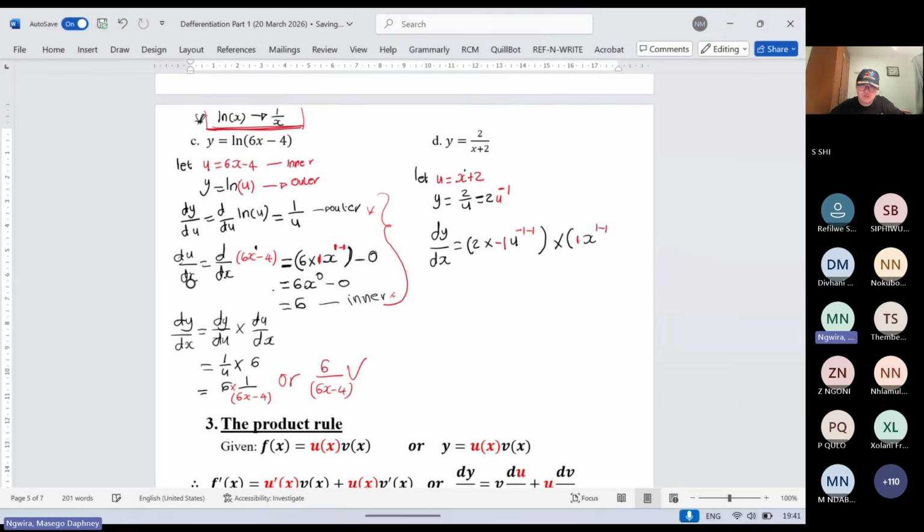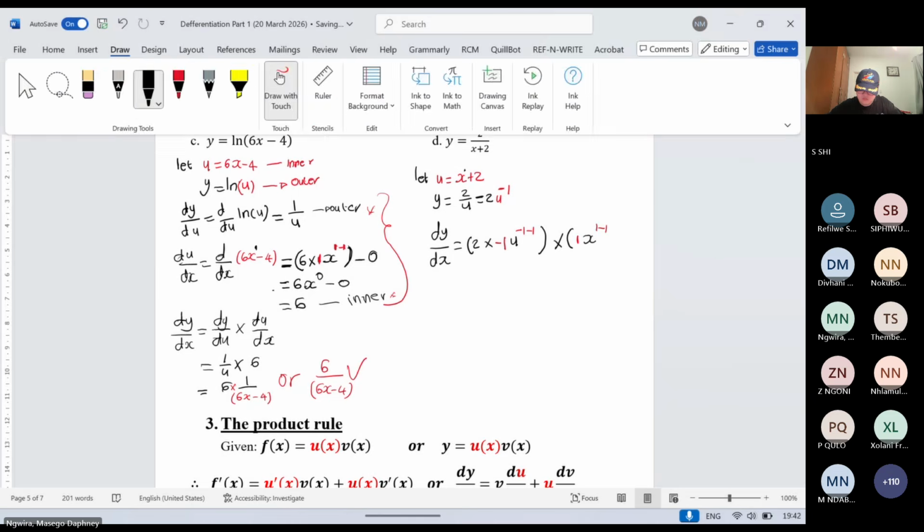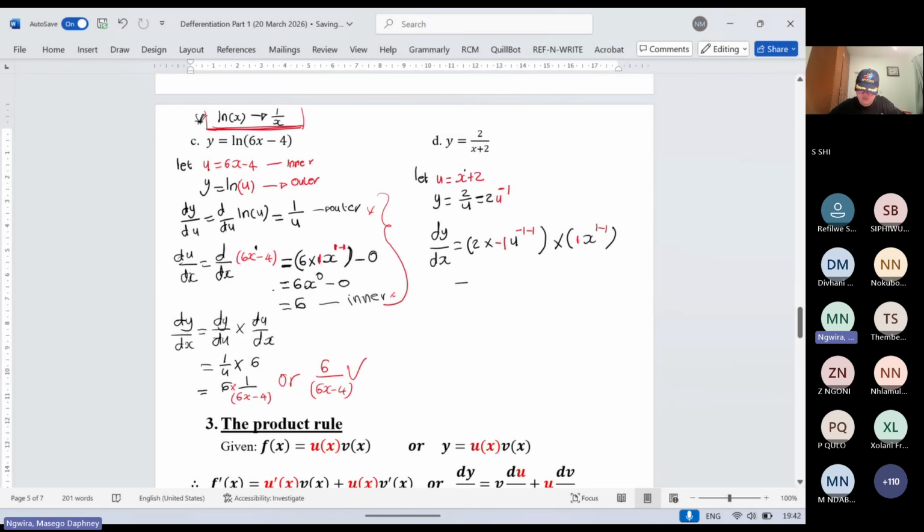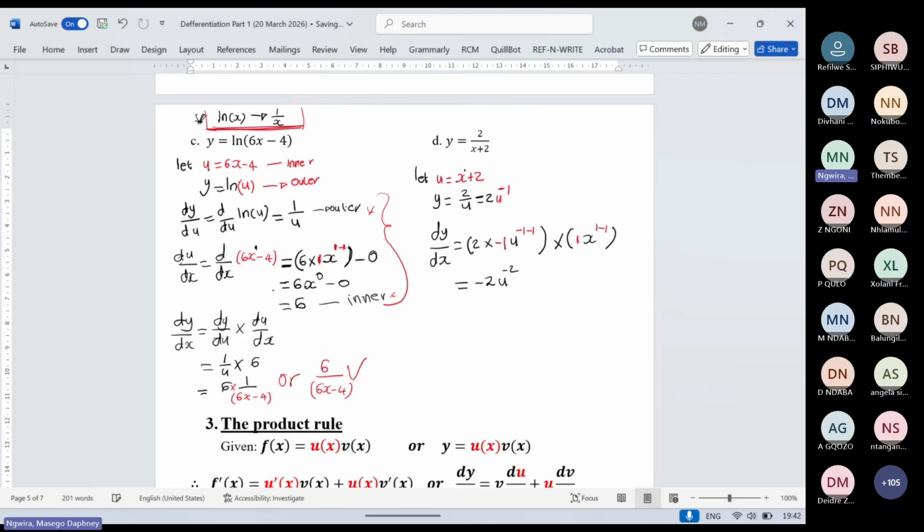Then I just solve. So this is -2, then u to the power of -2, because -1 minus 1 is -2. And then times x to the power of 0, which we said is 1. So this is just 1.